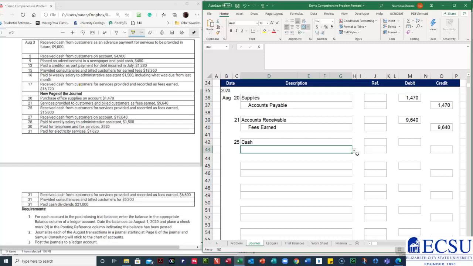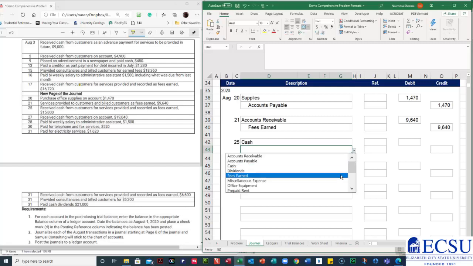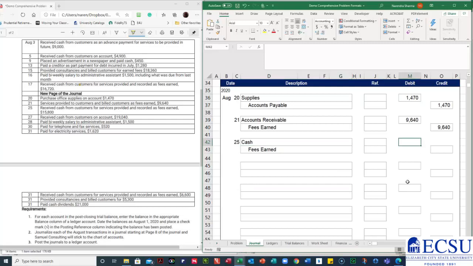Now, cash to fees earned is 15,800 and 15,800. So whenever you receive cash, you have to ask the question, for what, and it is fees earned. So therefore, I'm going to credit that.